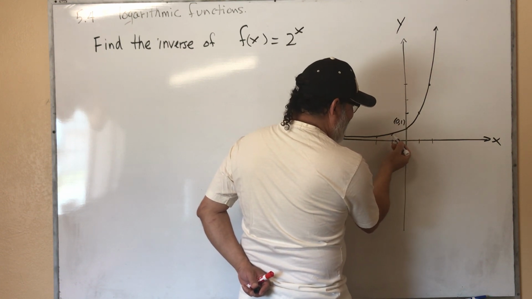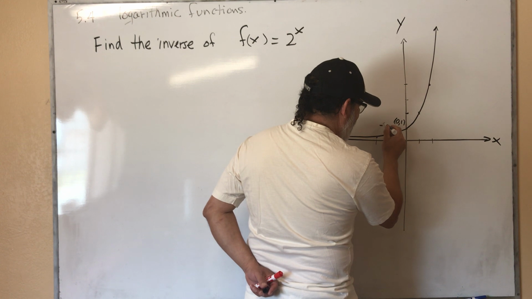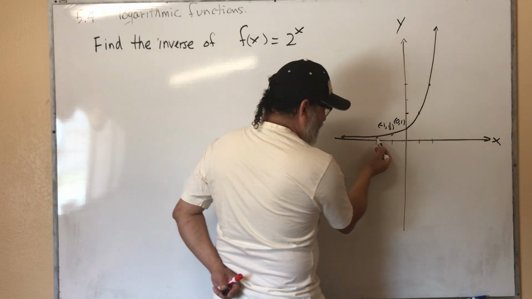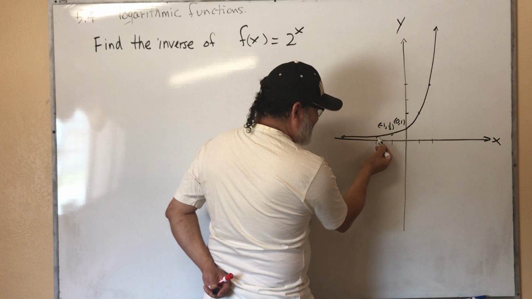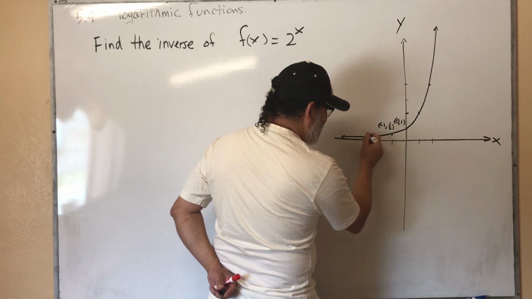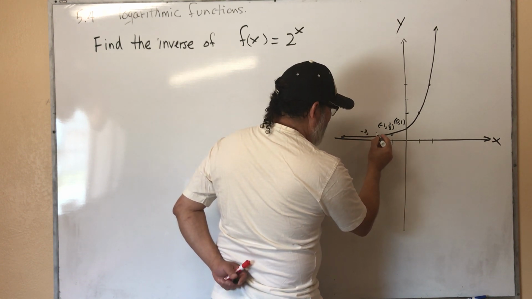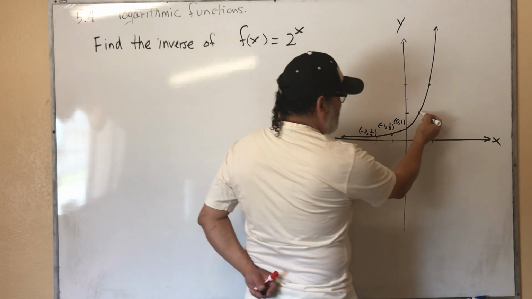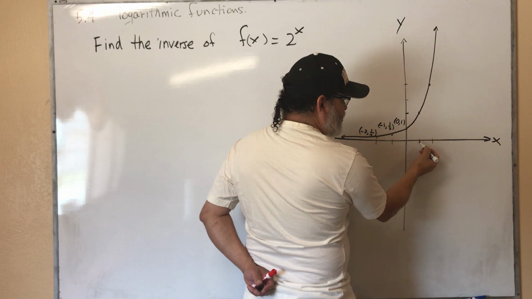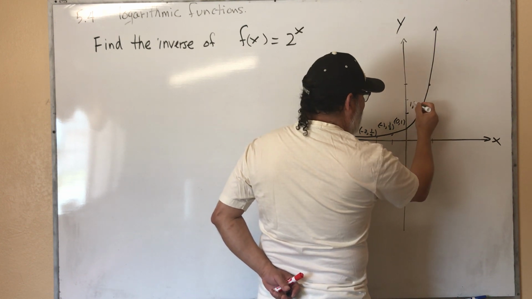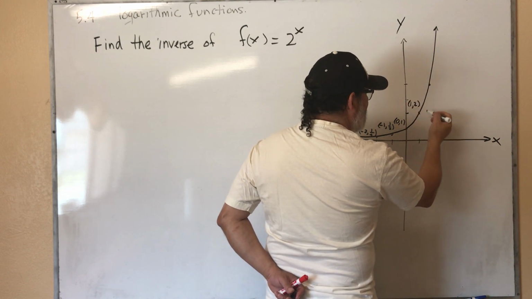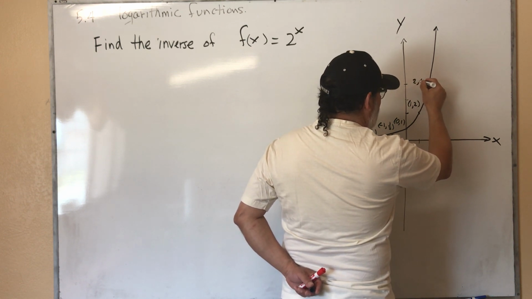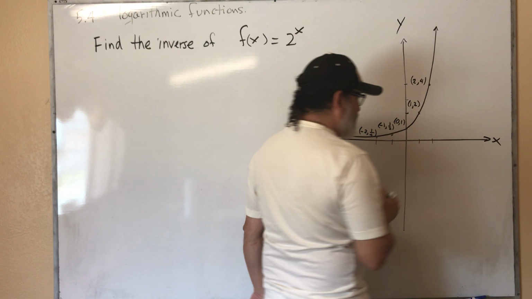This point is negative 1, half. See this point? This point is negative 2, 1/4. What about this point? This point is 1, 2. What about this point? This point is 2, 4. There we go.